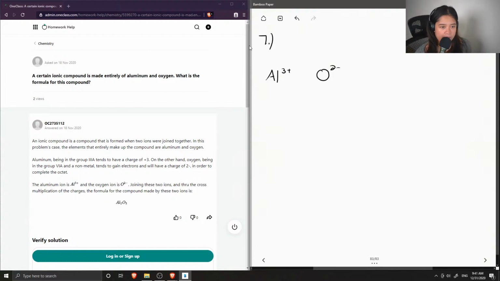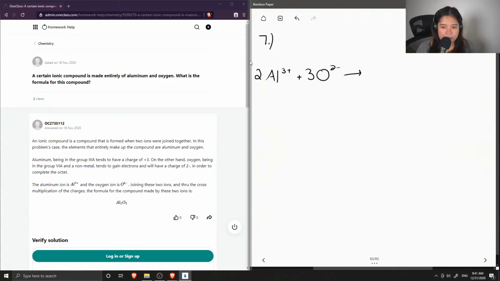So if we have aluminum 3+ coming together with oxygen, which has a 2- charge, we want to somehow neutralize these charges. To do that, we would need 2 aluminum 3+ ions reacting with 3 O2- ions.